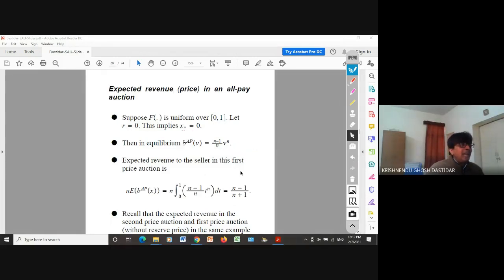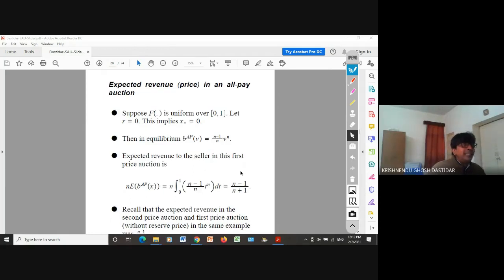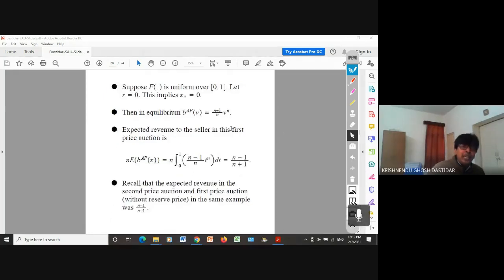Now, the expected revenue to the seller: here all bidders pay. So it would be n times the expected bid amount from everybody, and one can show it's again going to be (n minus 1) by (n plus 1), which is the same as the expected revenue in a second price auction or in a first price auction.